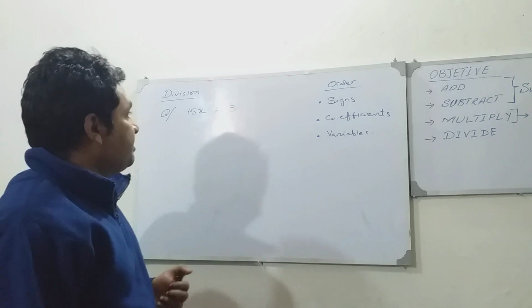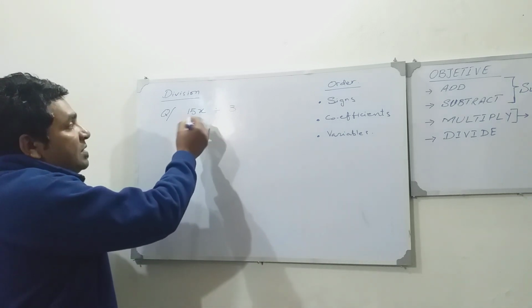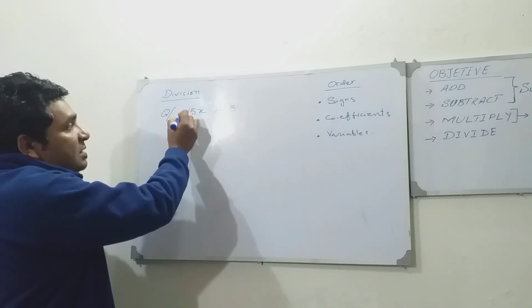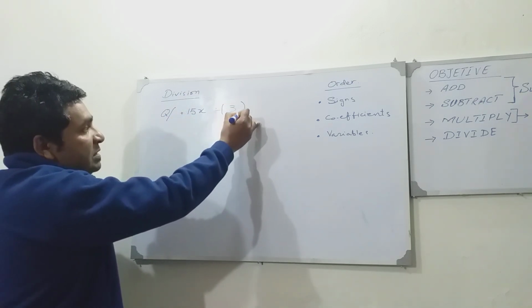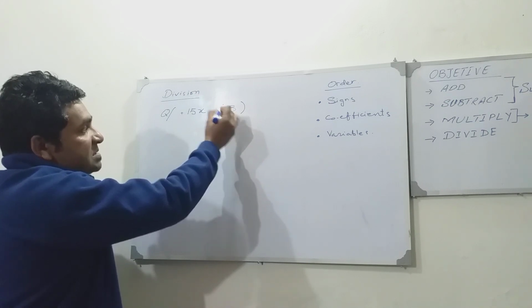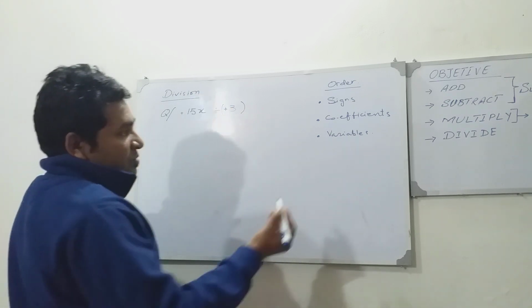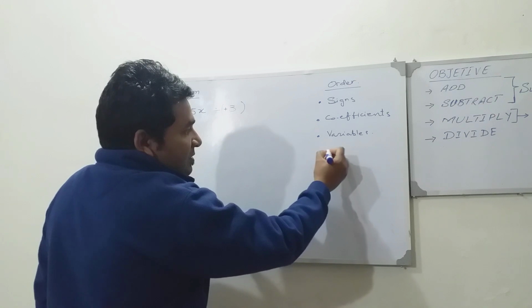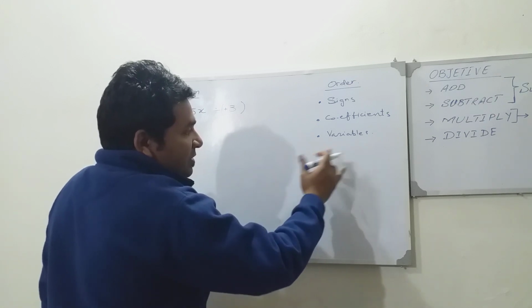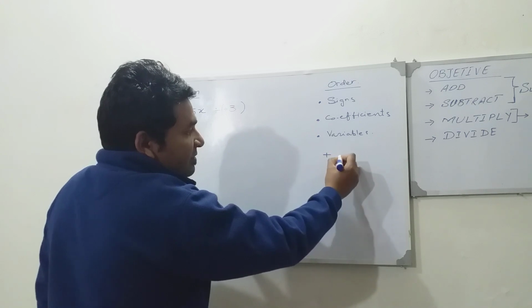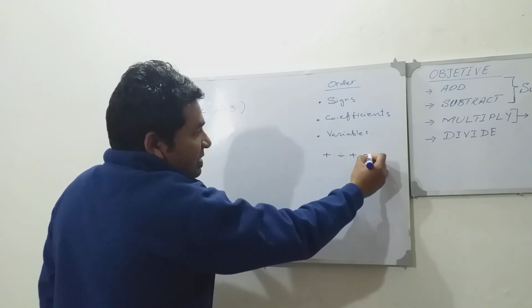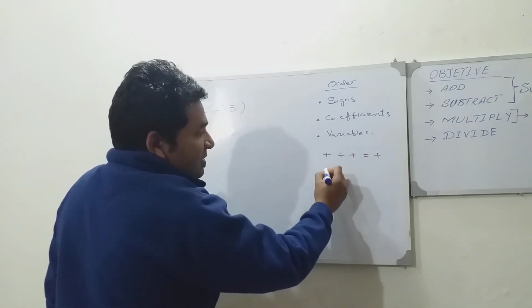So let's start. The sign with the first term is positive. Similarly, the sign with the last term is positive. The rule of signs in division is: when positive is divided by positive, the result is positive.